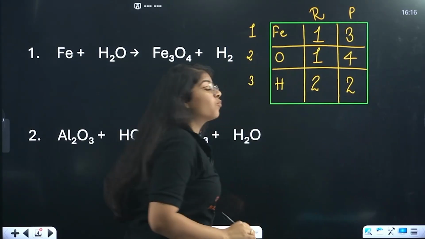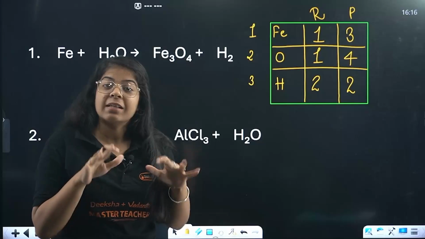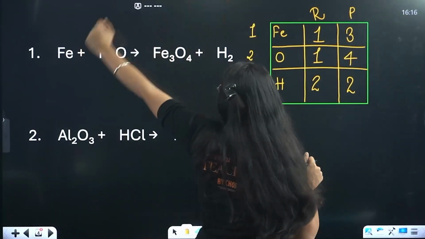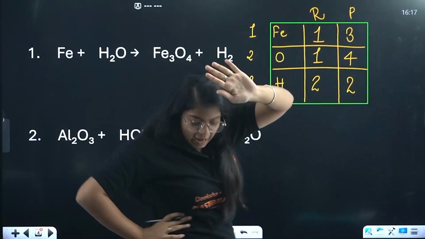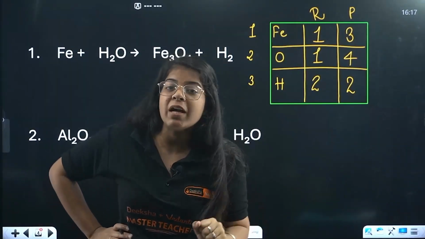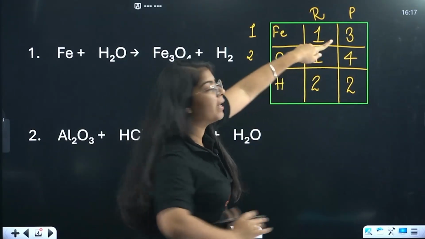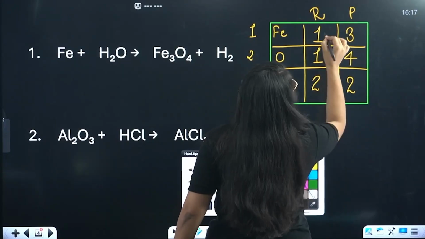So first we start by balancing the metal, which is iron. It is 1 on the reactant side and 3 on the product side. We cannot change the number in the foot of the element, so I will multiply this 1 by 3.